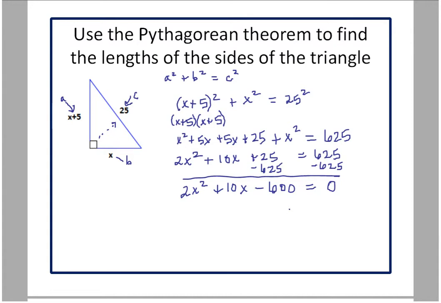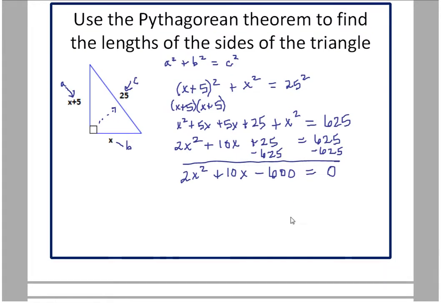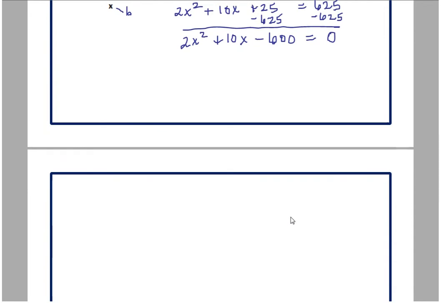Now you could divide everything out by 2 and factor, which works perfectly fine. I'm going to do the quadratic formula way.